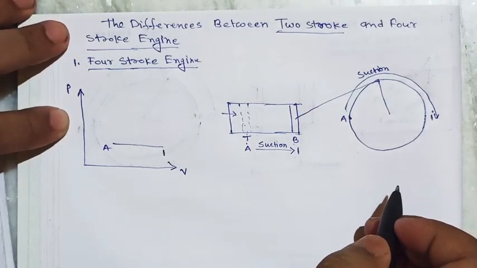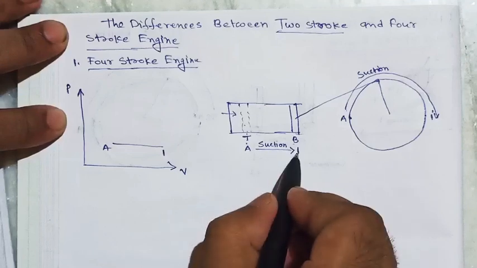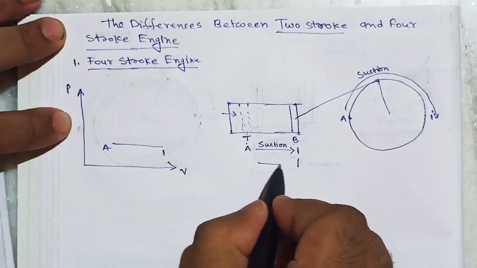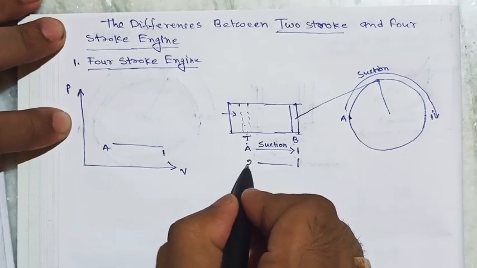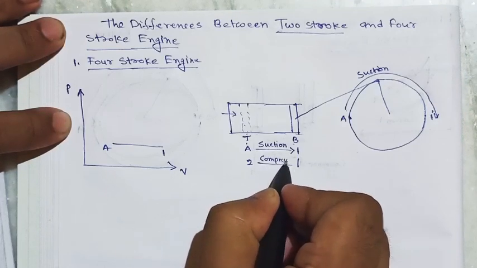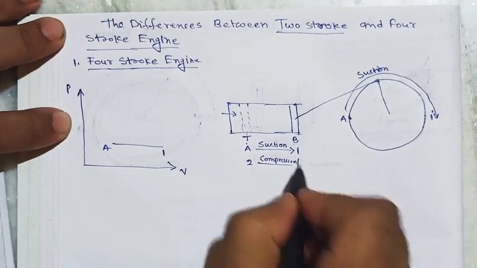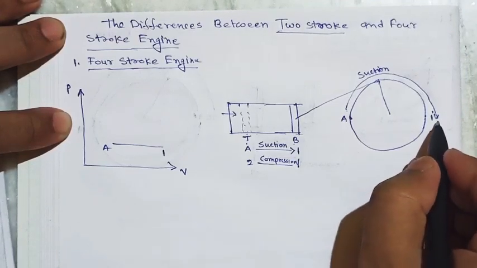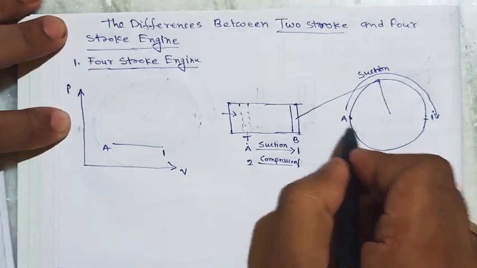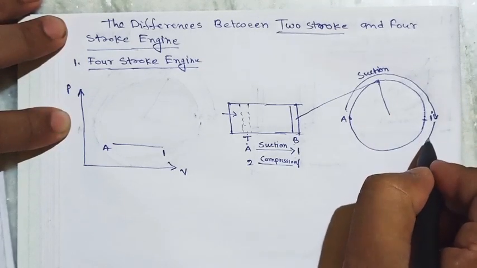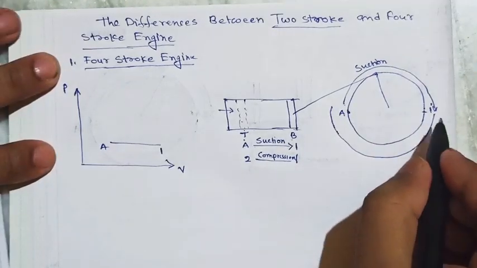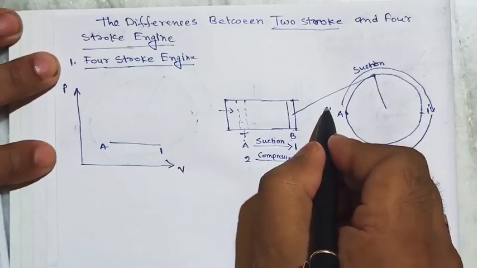Now after the completion of this suction process, the piston will move from this 1 to 2. This is the compression process. In this compression process, this point of the crank will rotate further, so it will reach from 1 to 2.